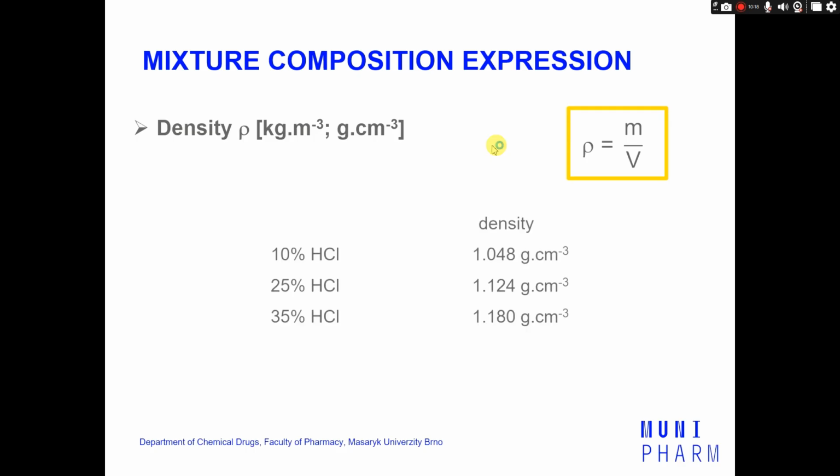We can see from the table that a 10% solution has a different density than the 25% solution and a different density than the 35% solution. So, whenever we use density in our calculations, we can only relate the specific value to the solution whose concentration corresponds to it.